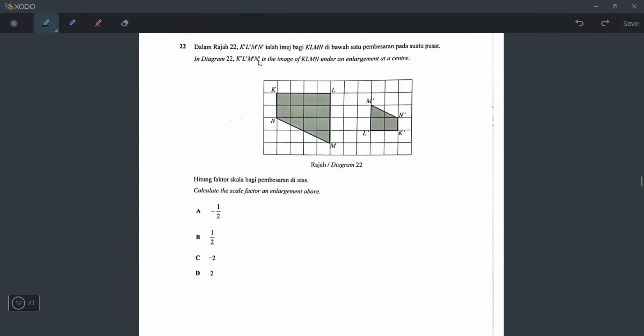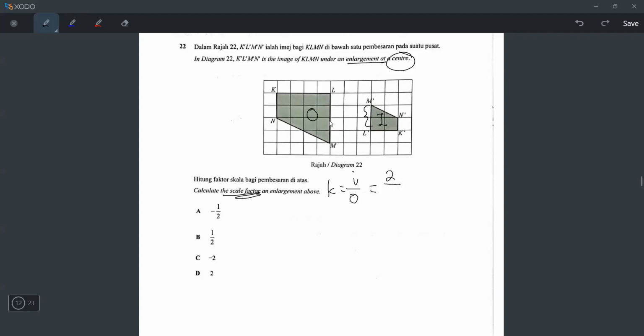So K prime, L prime, M prime, N prime is the image. So this is the image. This is the object. If I don't label this, it's very easy to put the wrong one. Under an enlargement at the center, calculate the scale factor. Scale factor formula is I over O, image divided by object. So image over object. Let's take this. So we have 2 boxes. This is the image.